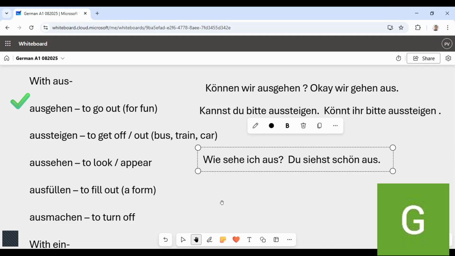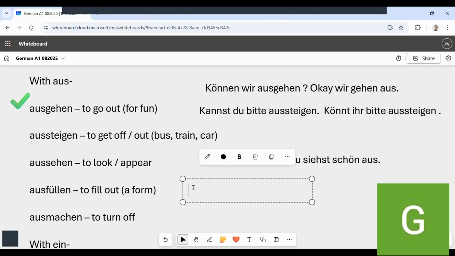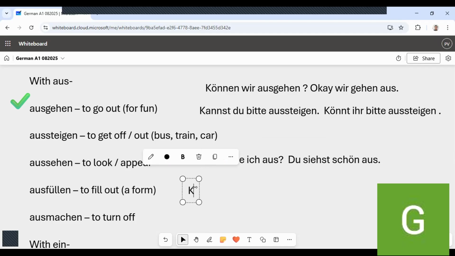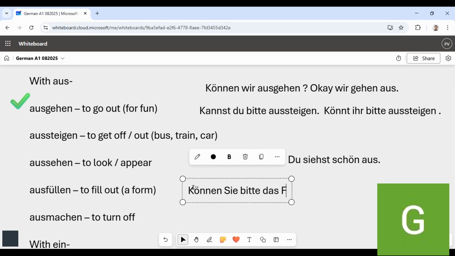Ausfüllen. Suppose you go to a job application center or somewhere, and you have to fill a form. The person will ask you like this: Können Sie bitte das Formular ausfüllen?